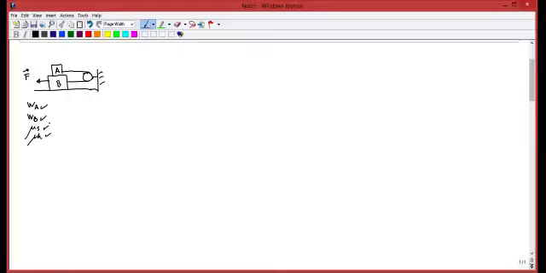What is the keyword here that would allow us to identify which law we're going to use? Excellent. Constant velocity tells us that Newton's first law is going to be used.